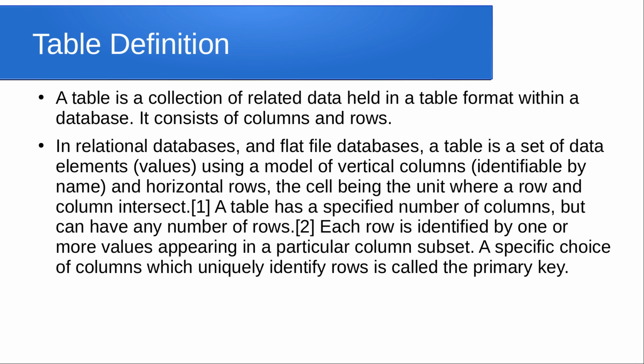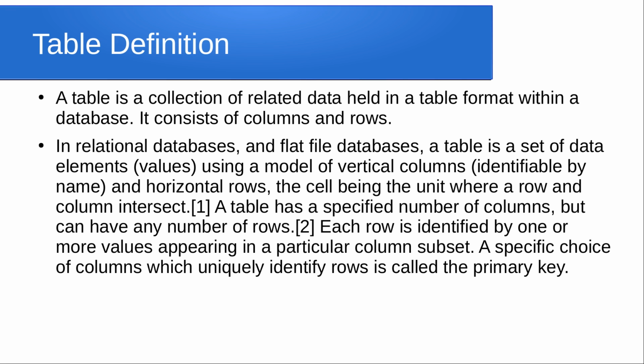In relational databases and flat file databases, a table is a set of data element values using a model of vertical columns and horizontal rows. So I'm going to describe what a table is. This is a table definition I got from Wikipedia. We are going to store those records in rows and columns.